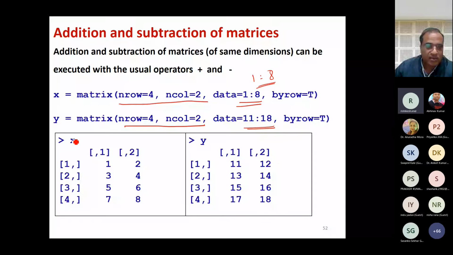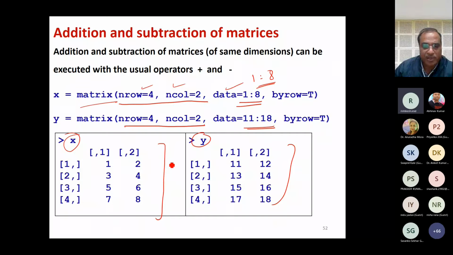So I create these two matrices X and Y. You can see this is the same command which I used earlier: matrix, then n row, n col, and data. So you get these two matrices, both 4 by 2. So you know that when you are trying to add or subtract, the addition and subtraction between the two matrices is happening element wise.